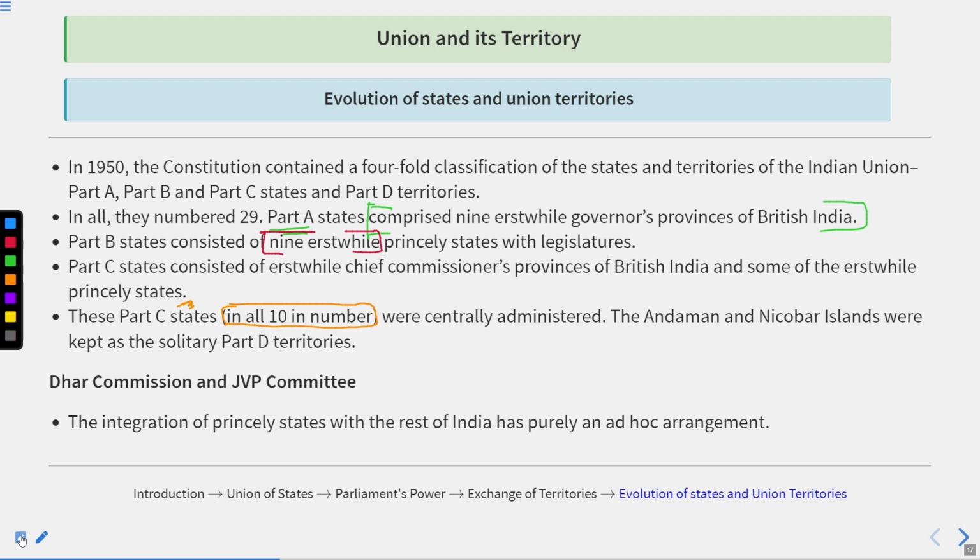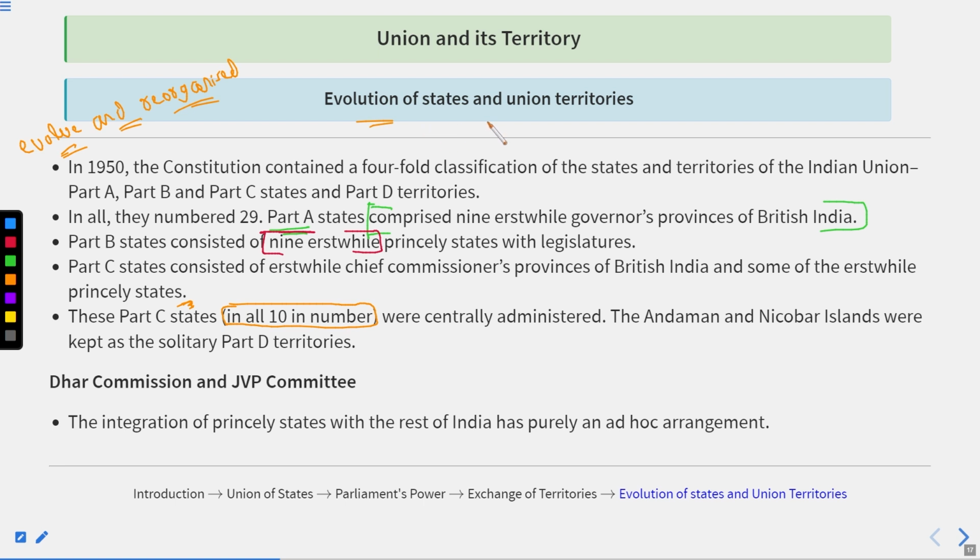Okay. And basically we were required to evolve and reorganize the states of that time.